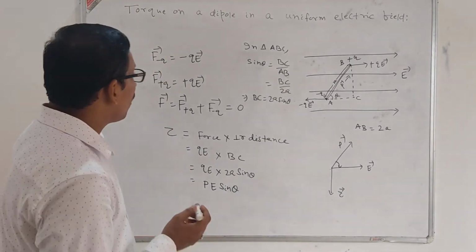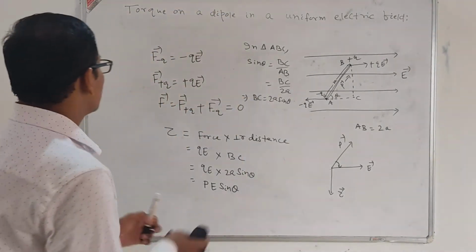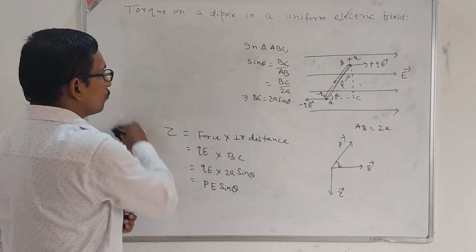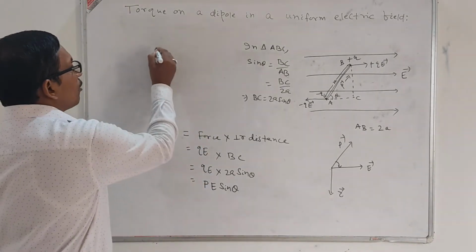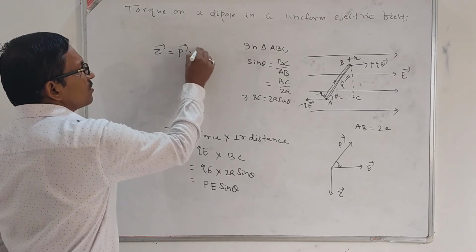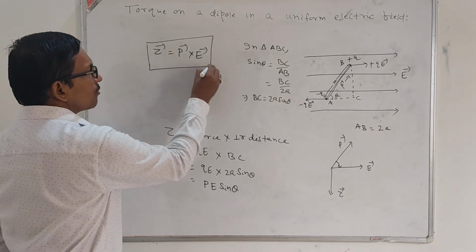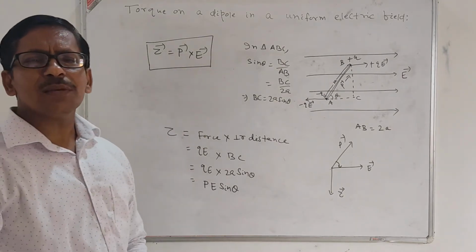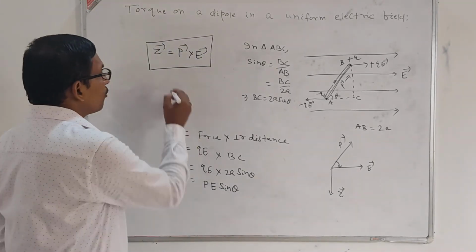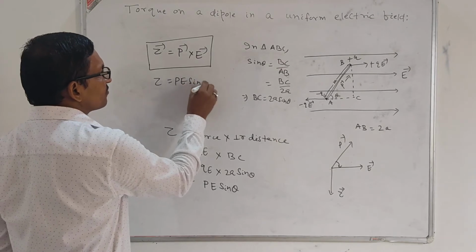So in vector form we can write tau is equal to p cross E. That means the torque is perpendicular to the plane containing p and E, and the magnitude is given by tau is equal to pE sin theta.